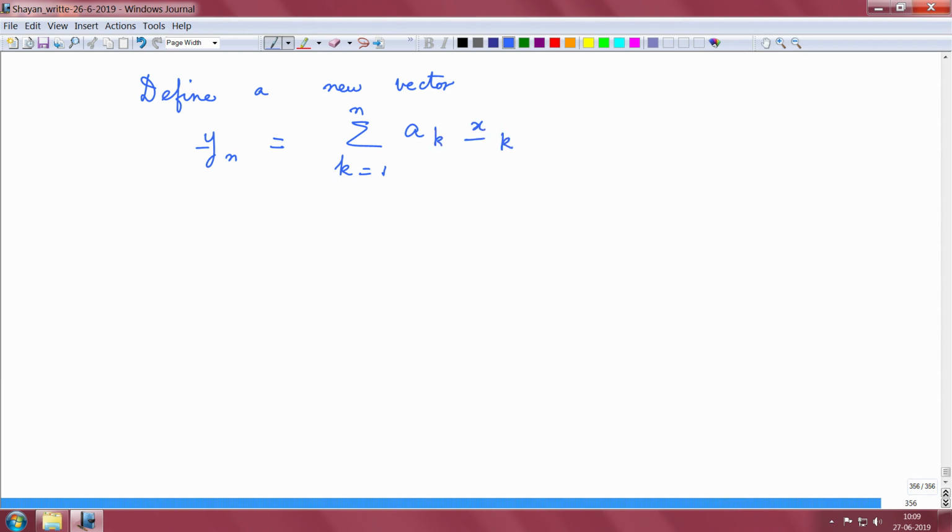That is, I am looking at a linear combination of some n vectors. So, similarly, I define ym to be the linear combination of m such vectors, k equals 1 to m.